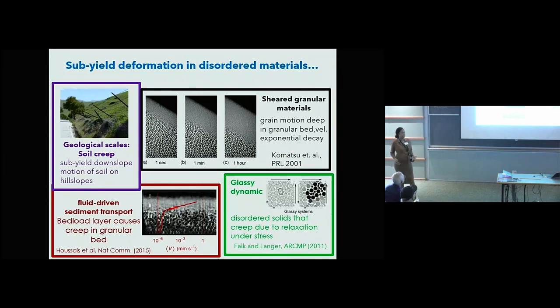And more broadly, this is something that's observed in glassy systems. Glassy systems creep at low temperatures under relaxation due to stress. So by understanding more about creeping in something like a sand pile, we can make connections to relaxation in glassy systems. Hopefully this conveys how abundant creeping, or slow deformation, is in disordered materials.